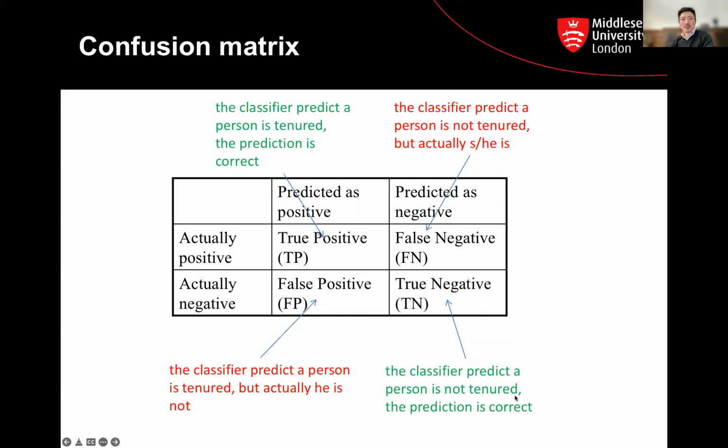Again, for the same predictions, in this confusion matrix, the true positive and true negative cells are the ones predicted correctly, whereas the false positive and false negative are the 2 cells where the prediction is not correct.